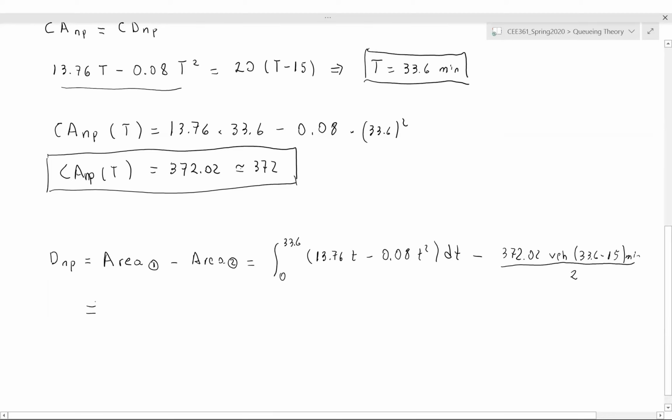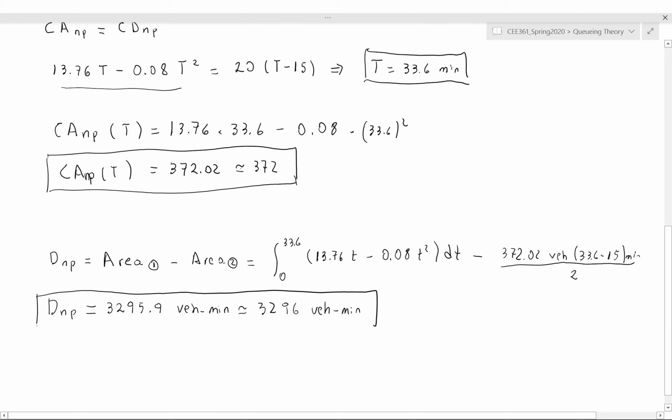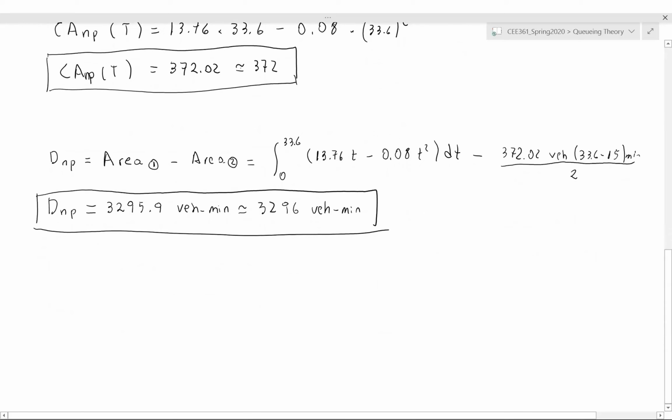If we do the calculations, I get 3,295.9. That depends how many decimals you carry. Vehicle minutes. That's approximately 3,296 vehicle minutes. So that's the total delay in the system. And then we can compute the average delay.